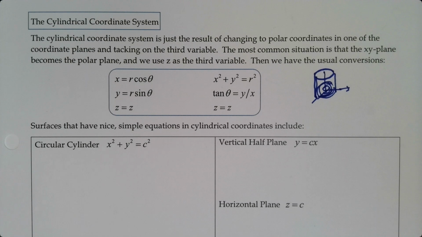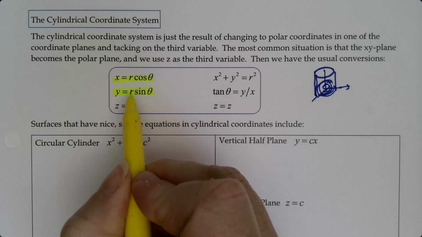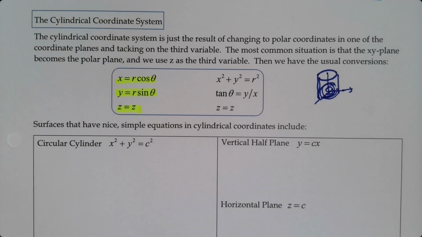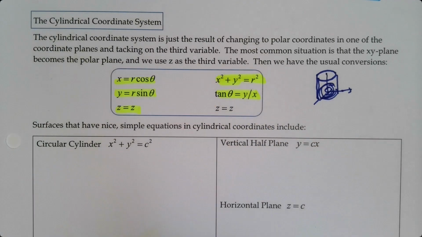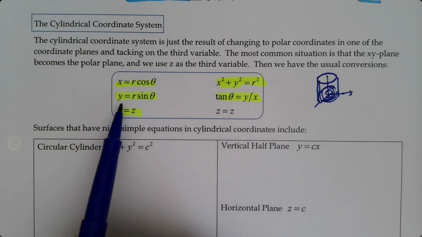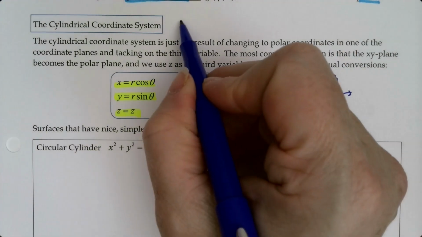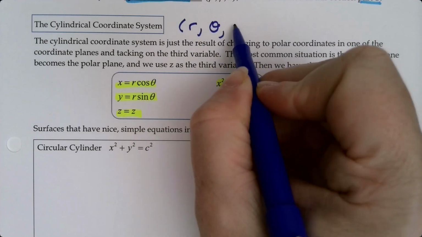All right, and the way to do that, this should look familiar, right? The same changes we made for polar, but your 3rd variable is just the 3rd variable. So all of these things are the case. This is how we converted between rectangular and polar, and we're just going to add that 3rd dimension. So if we do x as r cosine theta, y as r sine theta, and z, then the cylindrical coordinate system would be, and the order it goes in is r, theta, z.